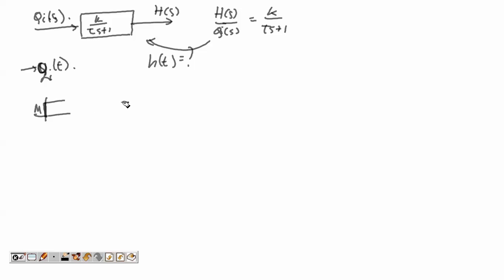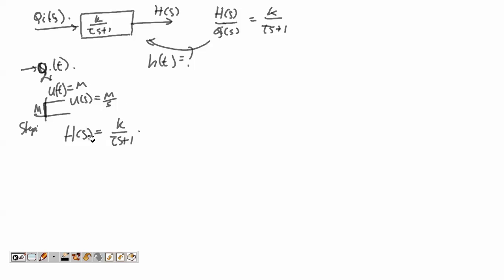We can find H(t) using the inverse Laplace transform. So H(s) is the transfer function times the input. For the step here, the Laplace transform of a step is M over s. So here u(t) is M, then u(s) is M over s.